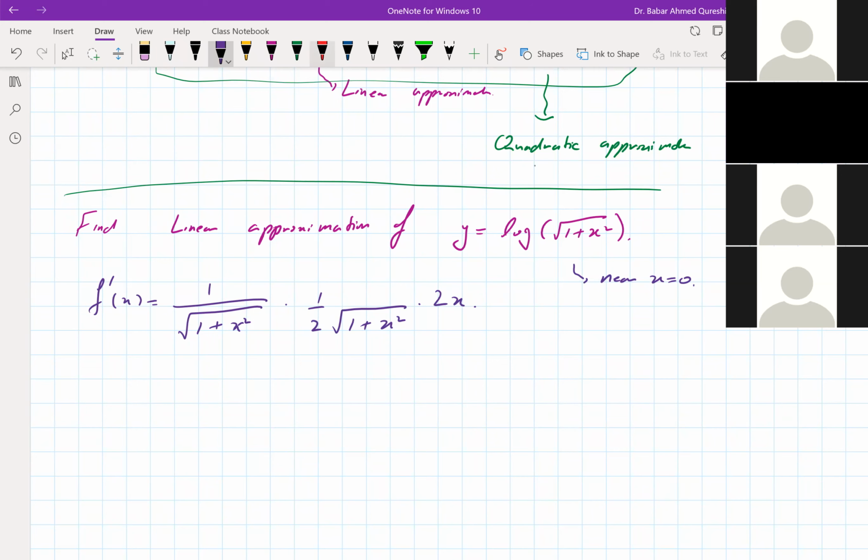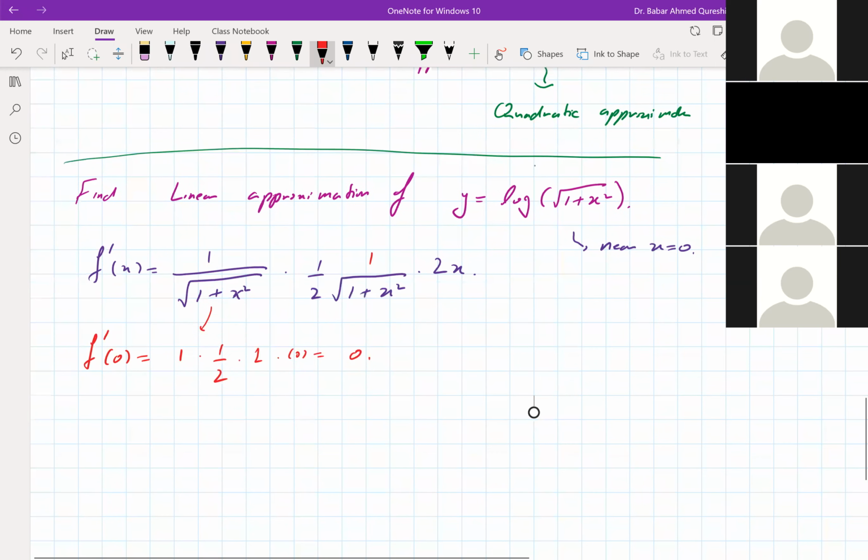So now I evaluate it at 0. I get a 1 from here, a half, a 1, but this guy kills it completely. So linear approximation is not very interesting.